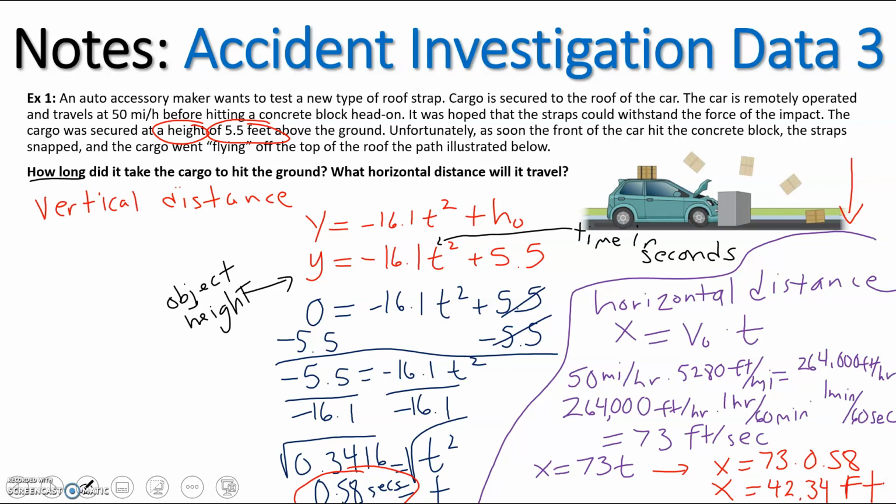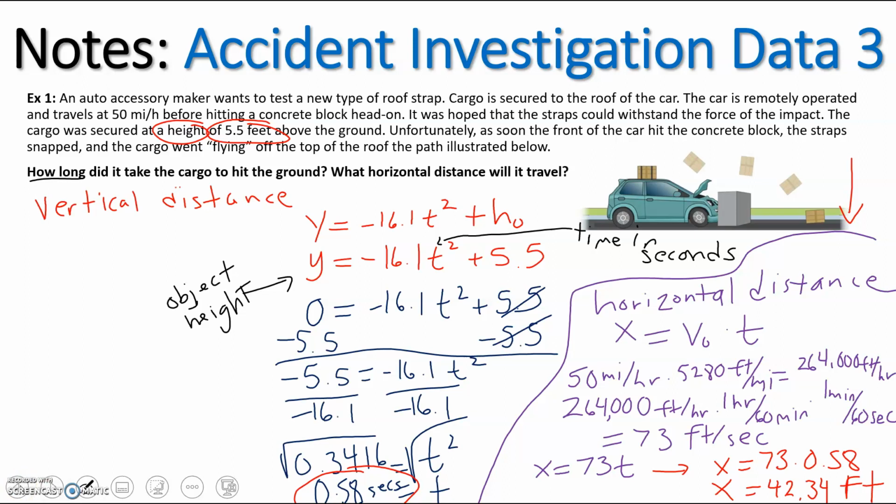So the horizontal distance traveled by this cargo is 42.34 feet. The vertical distance is 5.5 feet, but the time it took is 0.58 seconds. So in 0.58 seconds, less than a full second, the cargo traveled over 42 feet.